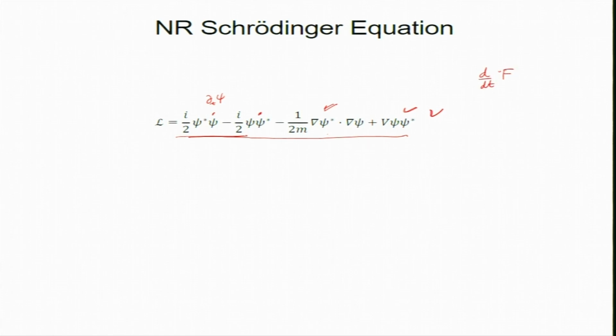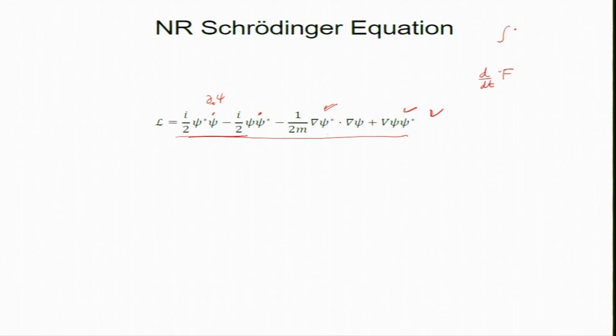You know that for particle dynamics you can always add a total time derivative of a function, because my action does not change, since I have df by dt and f at the end points will give you 0. Okay. So, you can always add and subtract.